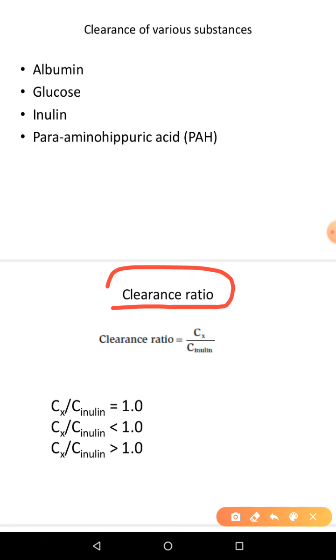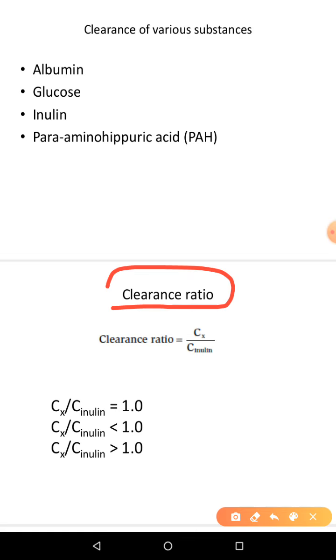Inulin is freely filtered across the glomerular capillaries, but once filtered, it is neither reabsorbed nor secreted. Therefore, the amount of inulin filtered will be exactly equal to the amount of inulin excreted. For this reason, inulin is a reference substance called the glomerular marker. Inulin is our glomerular marker.